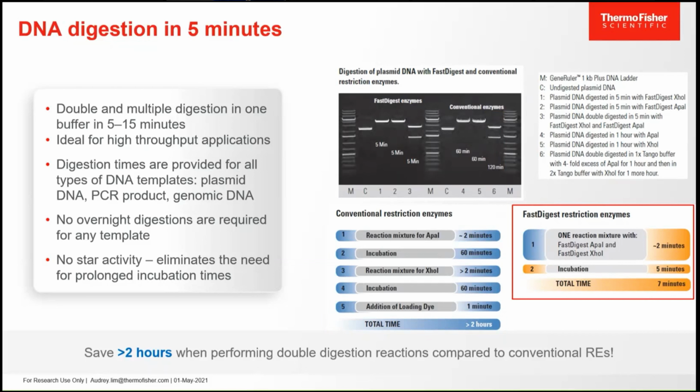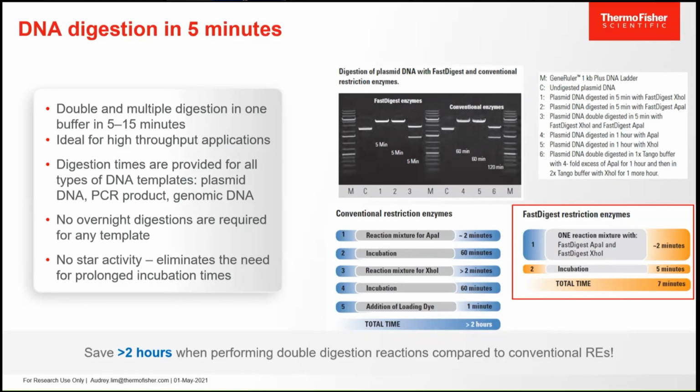Using FastDigest can also help take the guessing game out, because one unit is normally defined as the amount of enzyme required to digest 1 microgram of DNA in 1 hour in 15 microliters, but this is typically tested on lambda DNA in an optimal buffer only.